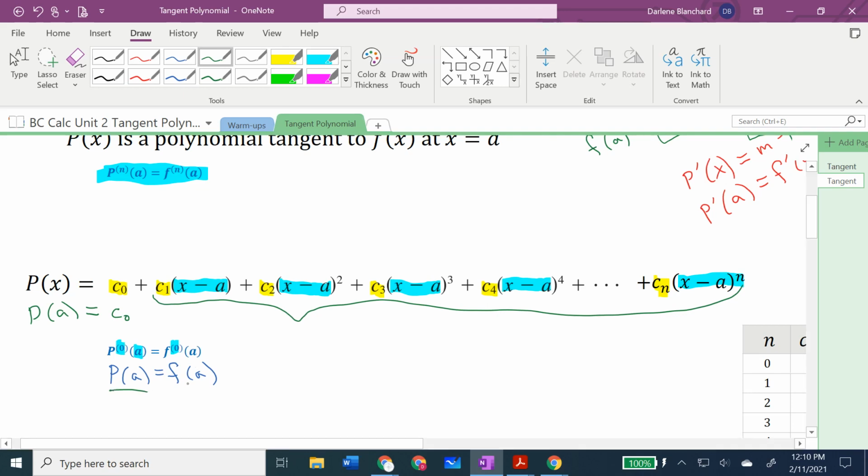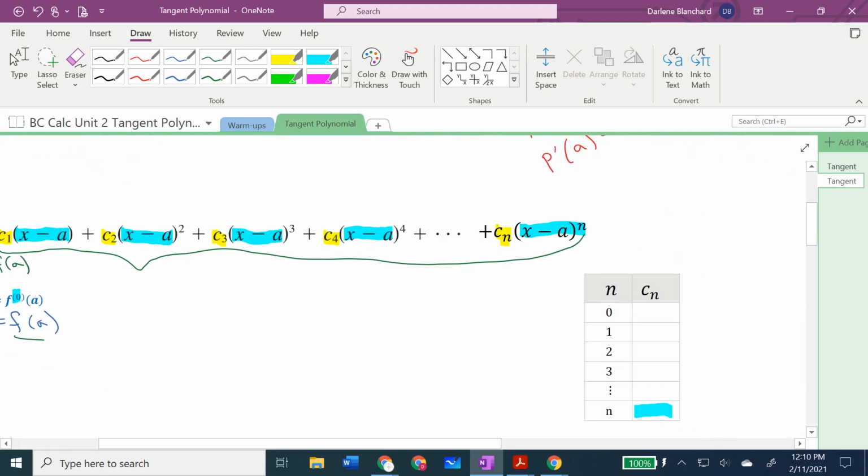And P of A has to equal F of A. So what that gives me is, when n is equal to 0, my coefficient C sub 0 is whatever the value of F of A is. And my C sub 0 is just the constant term.